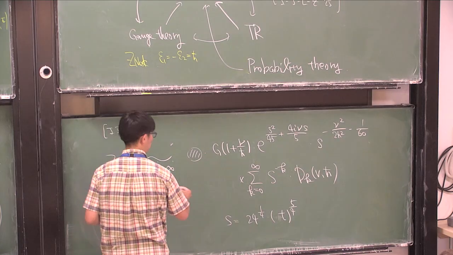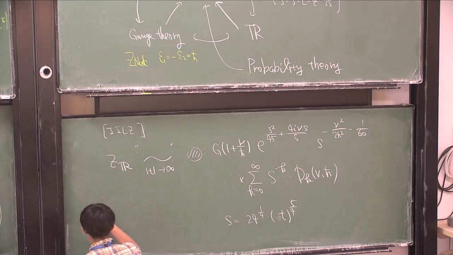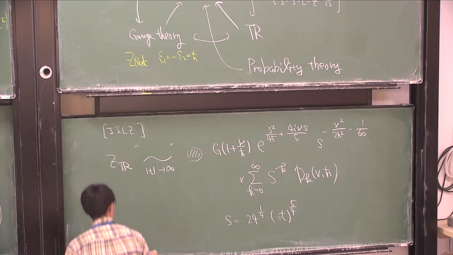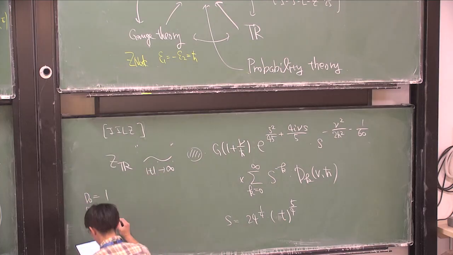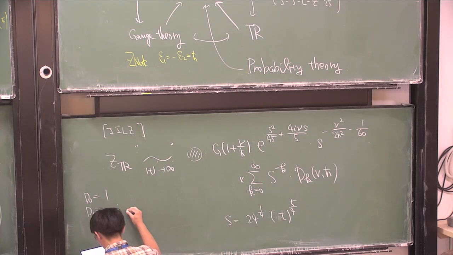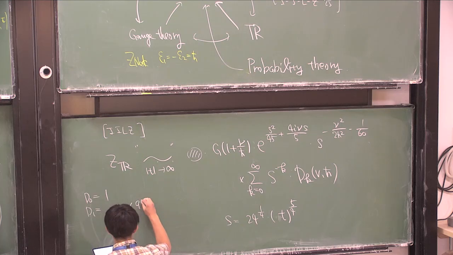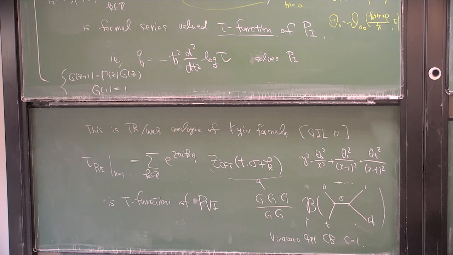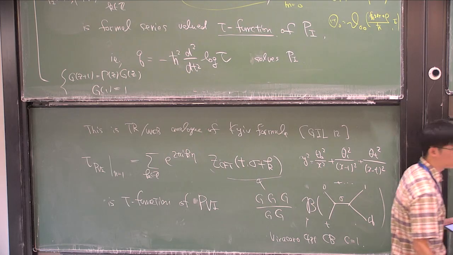For example, I don't have space, but d0 equals 1, or it depends on the choice of normalization. And d1 is given by i times nu times 94 nu plus 17 h bar squared, divided by 96 h bar squared, so very explicitly computable.